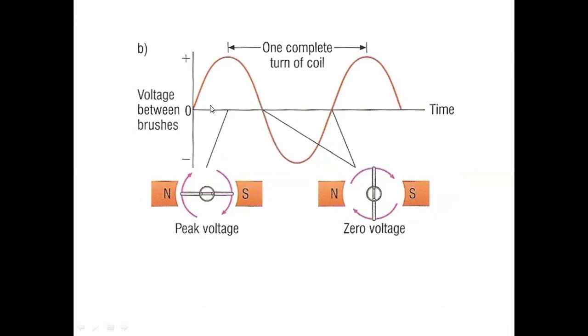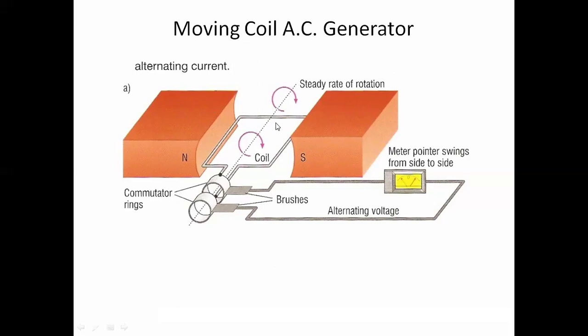Peak voltage is obtained when the coil is horizontal, because this side is moving upward, and we may call it AB. AB is going up and CD is going down, because the coil is rotating in clockwise direction. So side CD will have current.